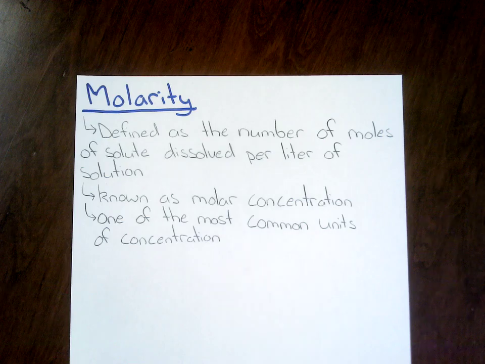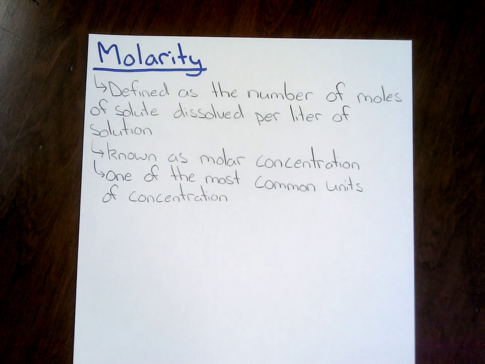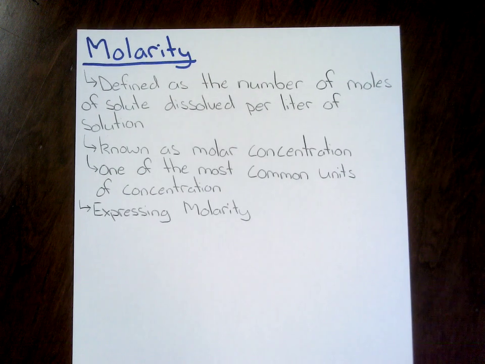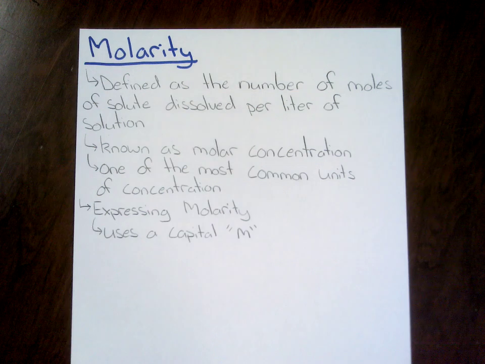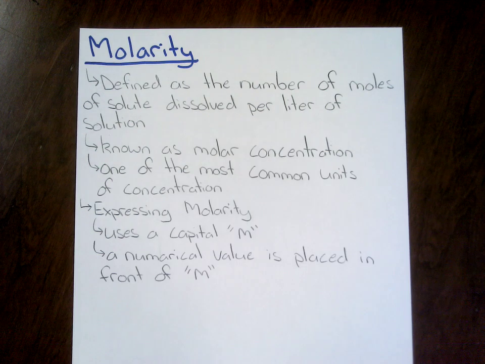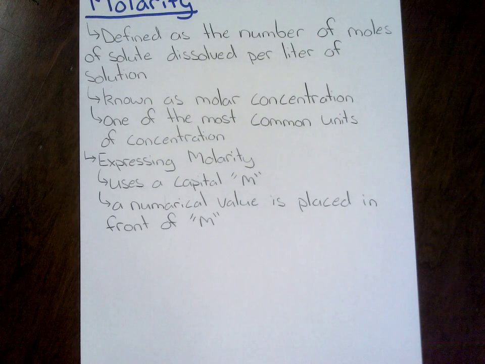Now, we need to talk about how we can express molarity. Number one, molarity is going to use a capital M. Number two, we're going to place a numerical value in front of that capital M. Now, let's turn to some examples to show you what I mean.